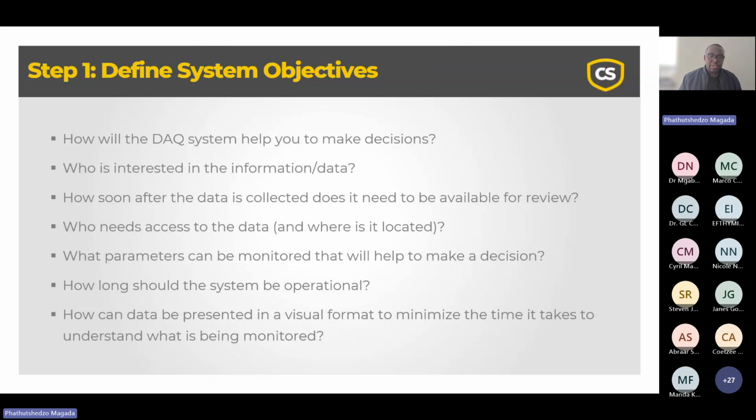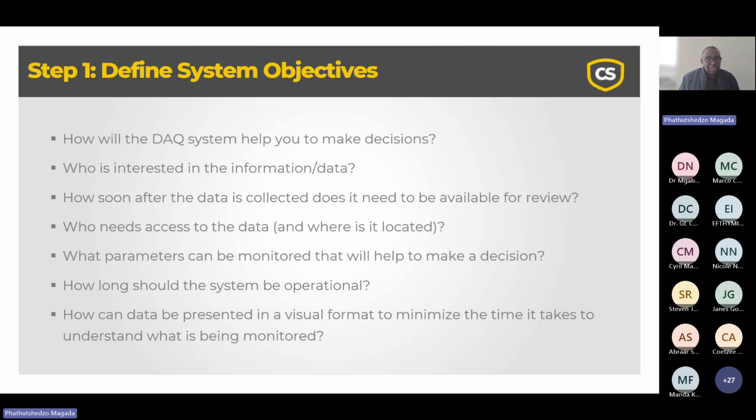They are sitting somewhere in Addis Ababa. So we need to select a data acquisition system that will allow remote monitoring. If it does not allow remote monitoring, they will have to be going to the field now and then to collect the data. So the system must be able to meet this requirement.